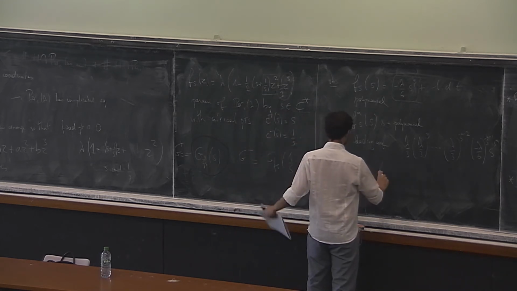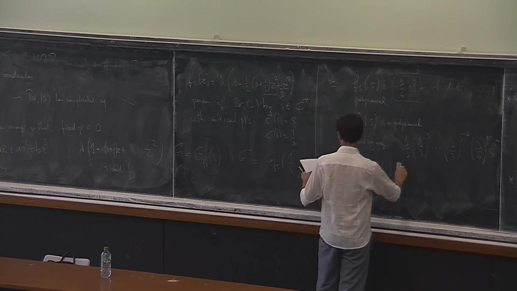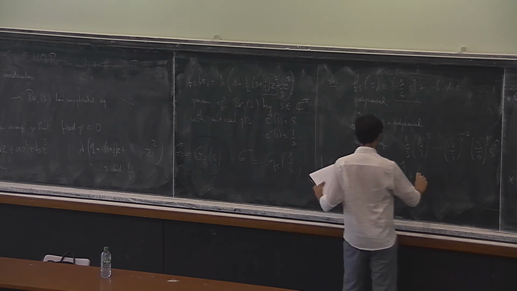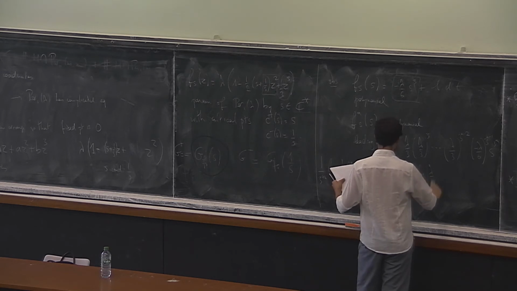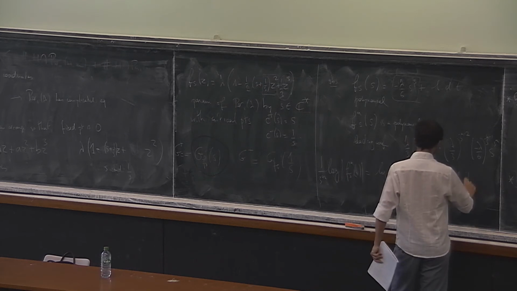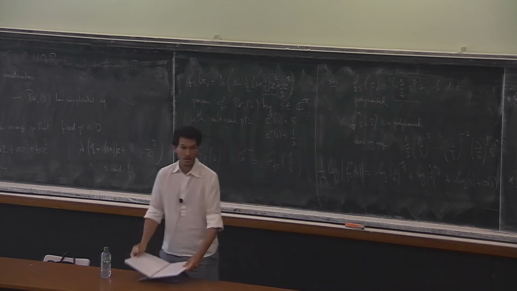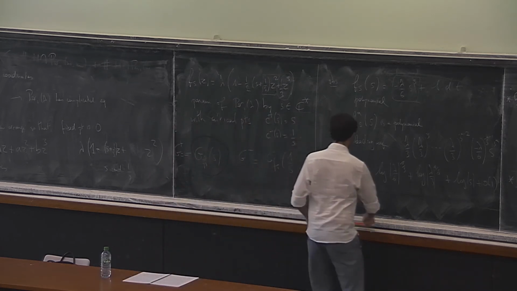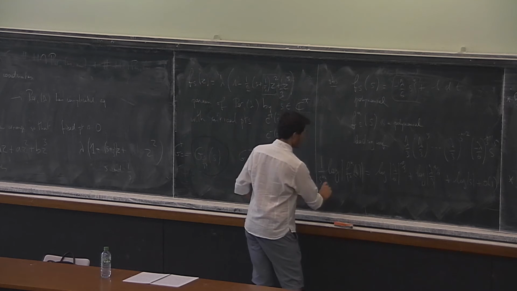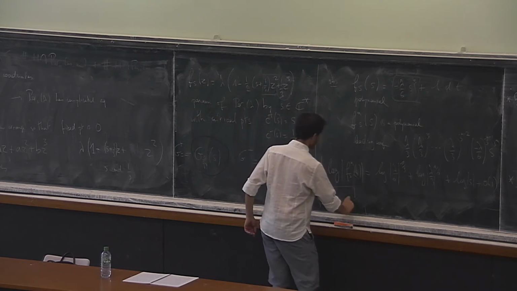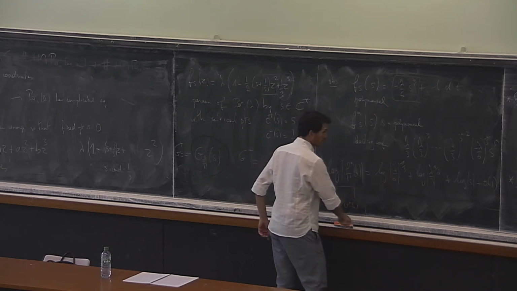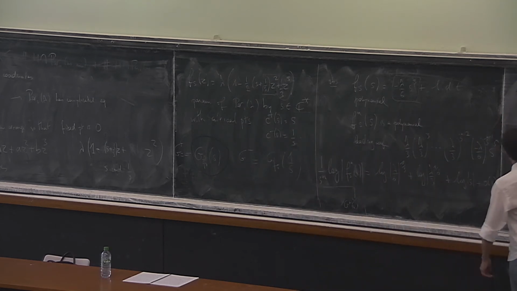It is log of lambda over 6 to the 1/3 plus log lambda over 3 to the 1/6 plus log s plus small o of 1. Okay, what does it mean? And so actually what you get is that this is converging to G plus, and you get this asymptotic expansion for G plus. So that's the asymptotic expansion for G plus at infinity.